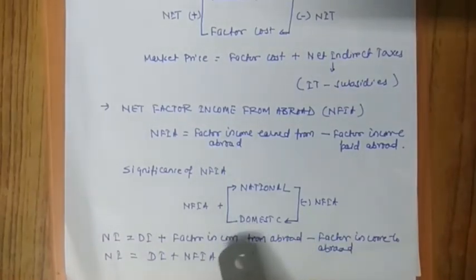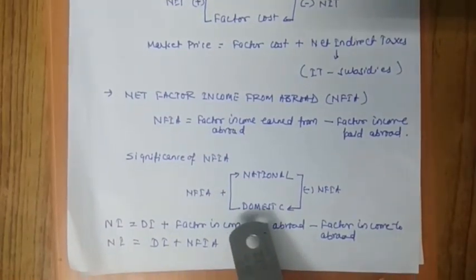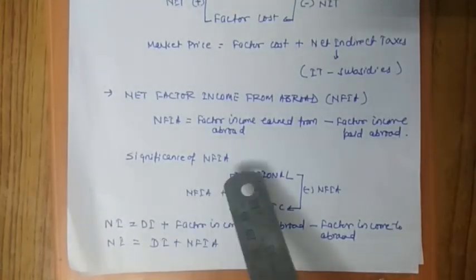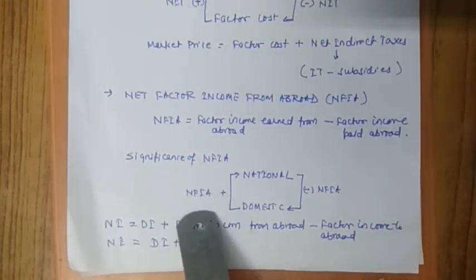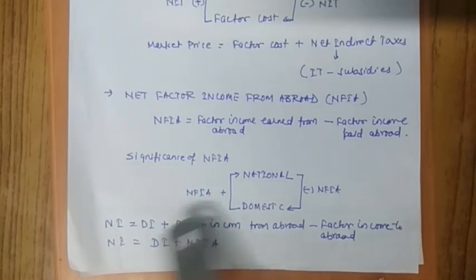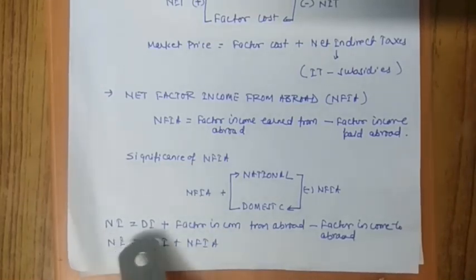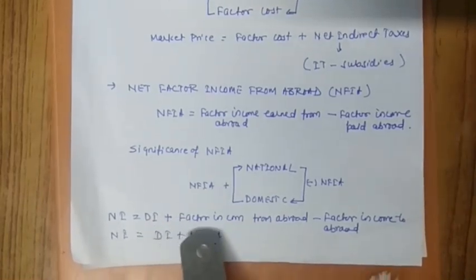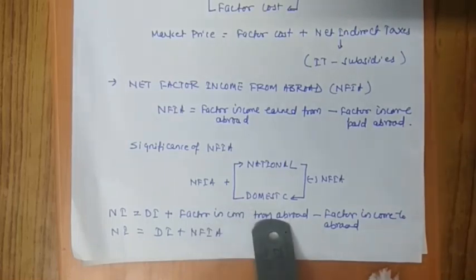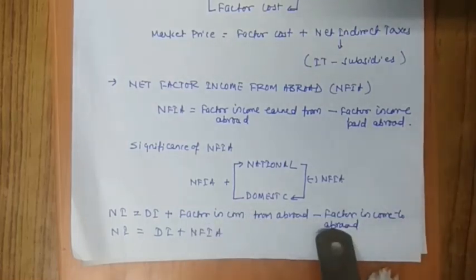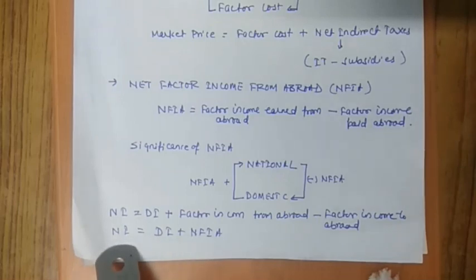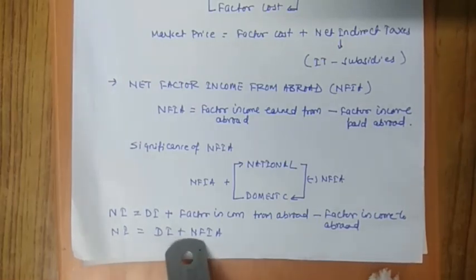And just opposite of this, if you have to convert domestic income into national income, then you will add NFIA. So national income is equal to domestic income plus factor income from abroad minus factor income to abroad, or national income is equal to domestic income plus NFIA.